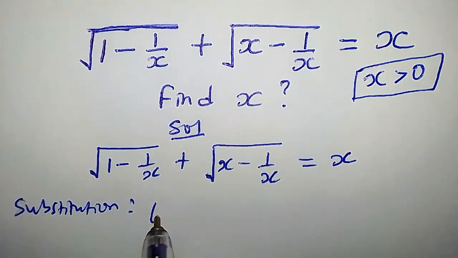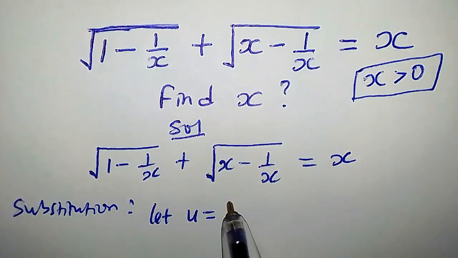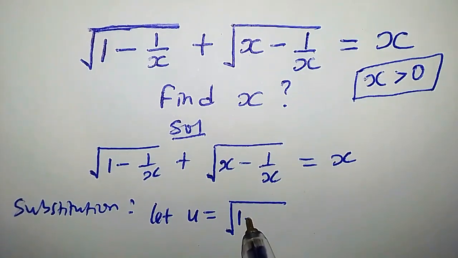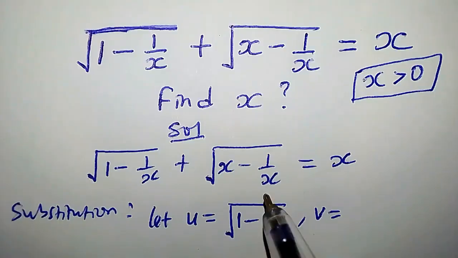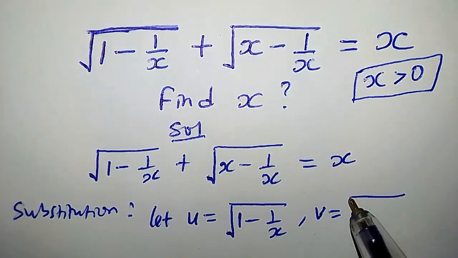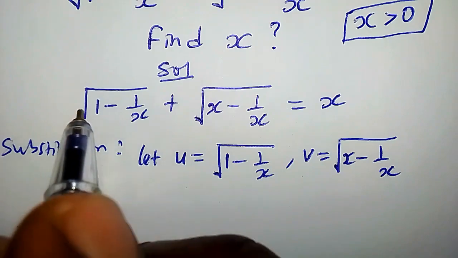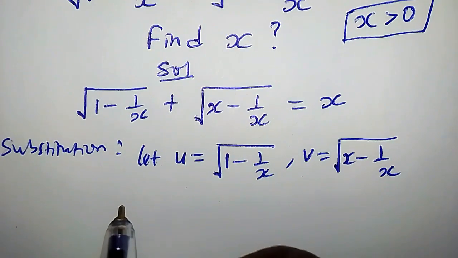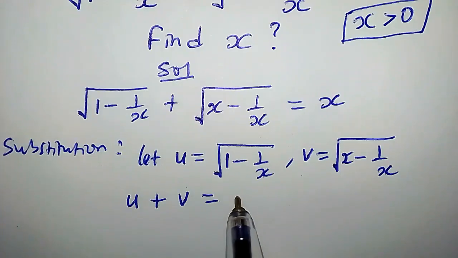We are going to let u equal this square root of 1 minus 1 over x and v equal this square root of x minus 1 over x. This entire equation now becomes u plus v equal to x.